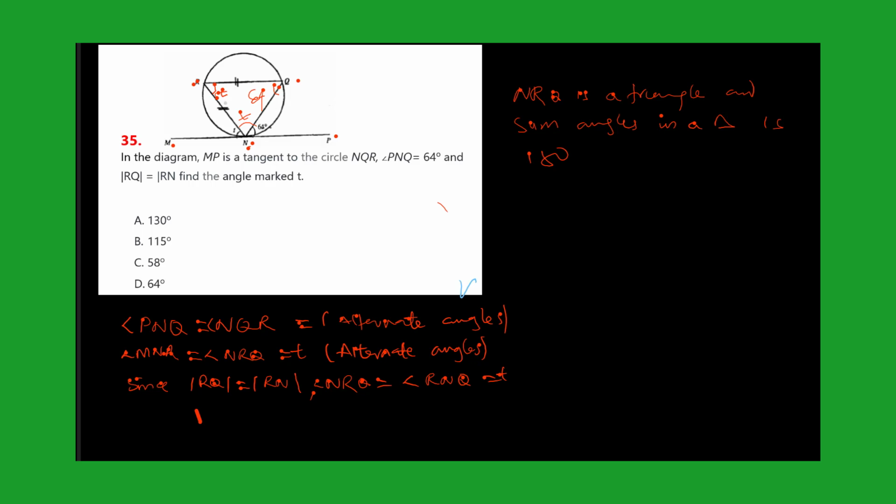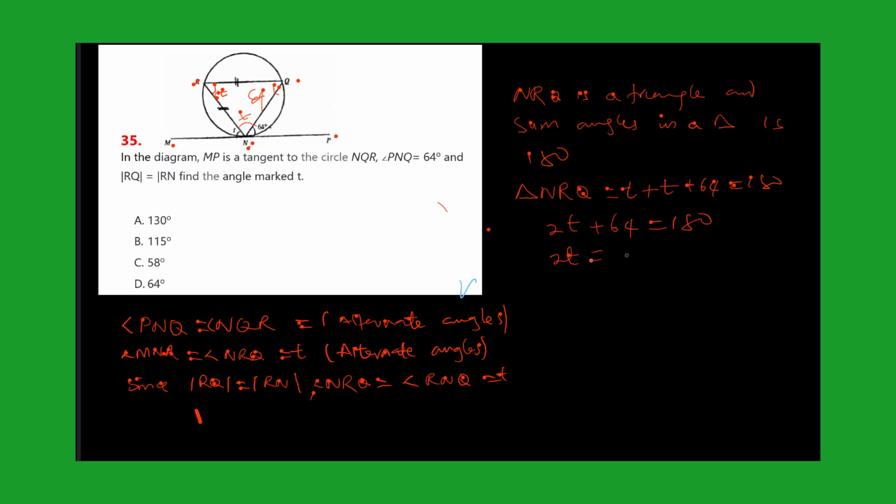So we are going to carve out this triangle NRQ. So it will be T, for us to sum up all the angles: T plus T plus 64 equals 180. Then 2T plus 64 equals 180.